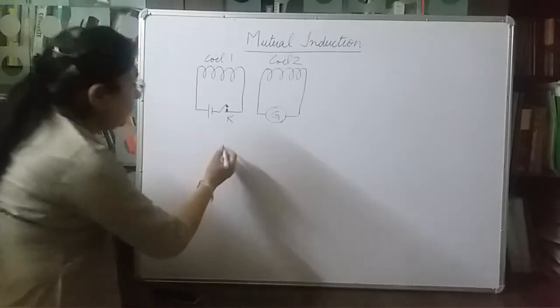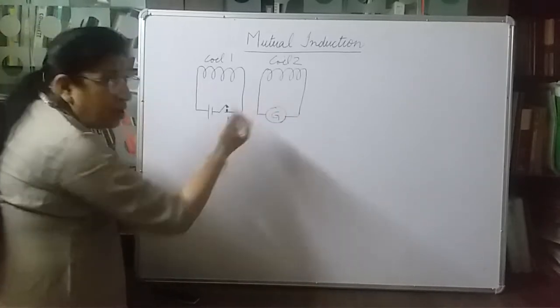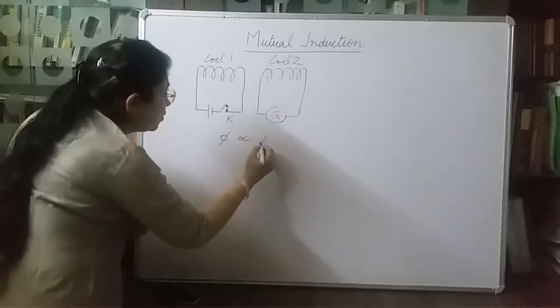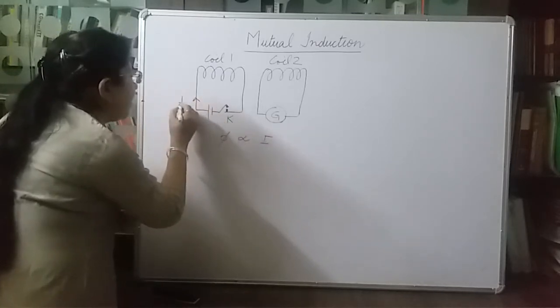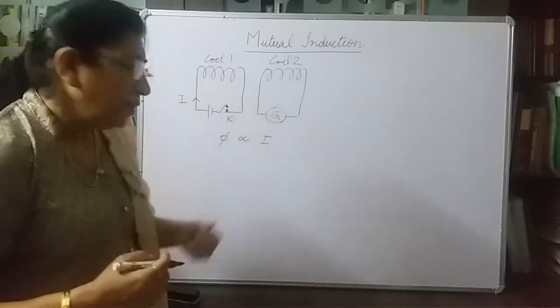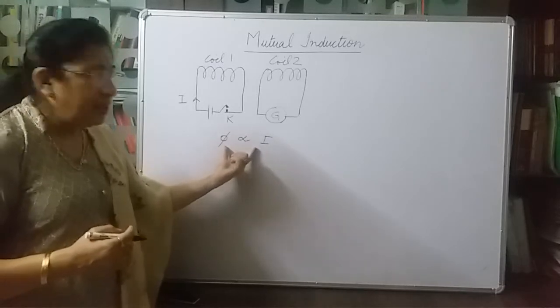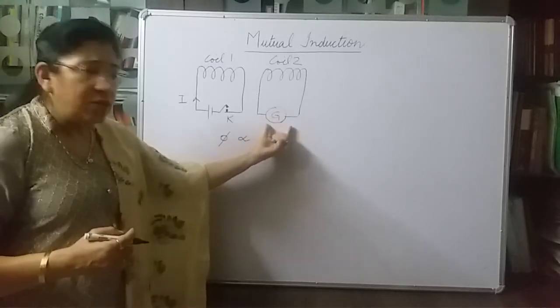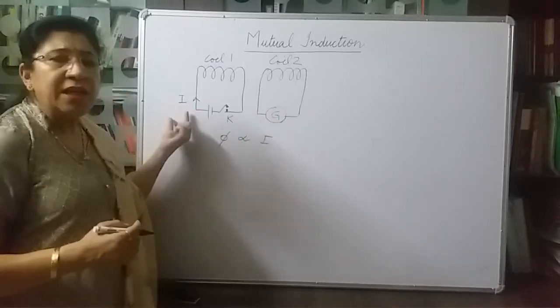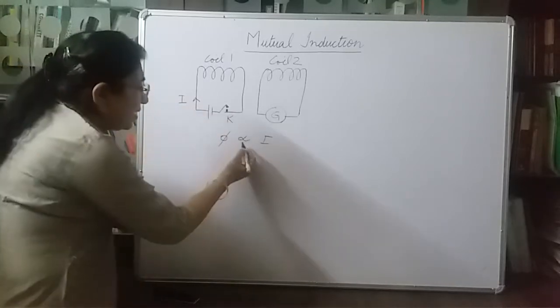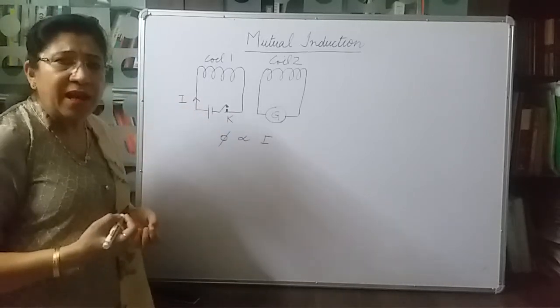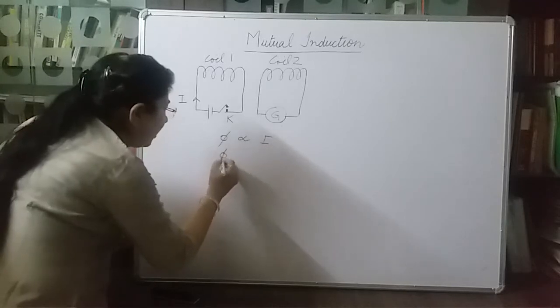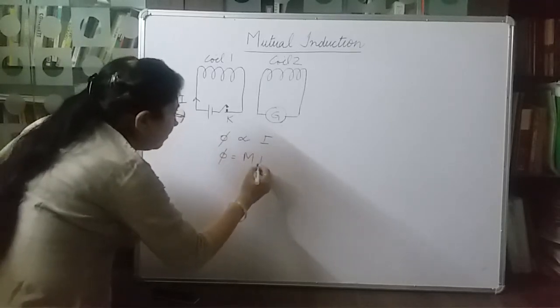At any time, the flux linked with coil 2 will be proportional to the current flowing in the neighboring coil. We will always have this relation that the flux linked with coil 2 is proportional to the current in coil 1. And since we can replace this proportionality sign by an equality, we get phi is equal to M I.